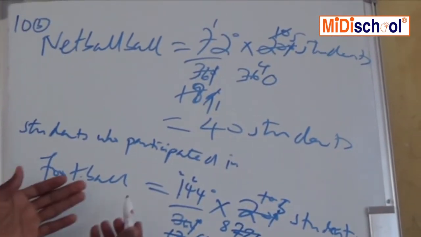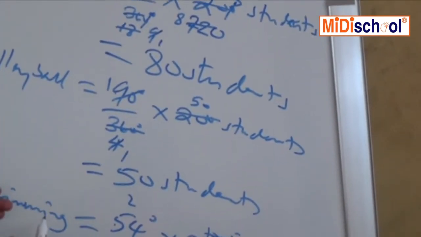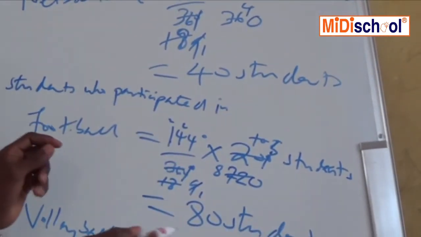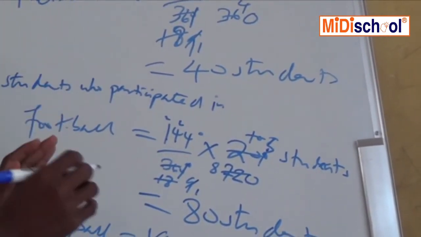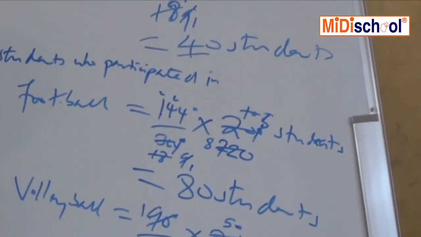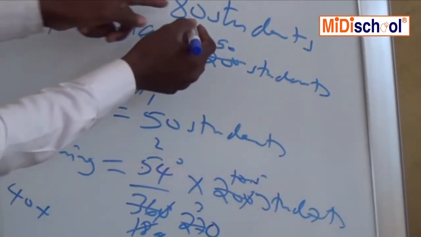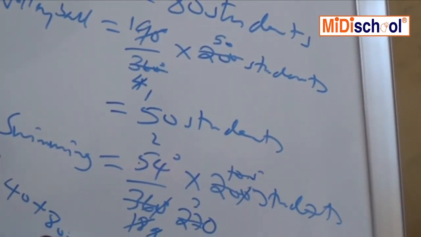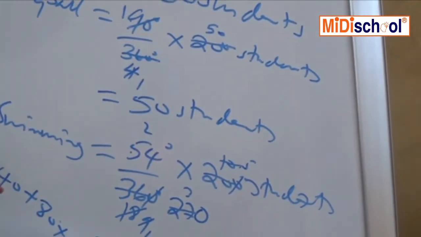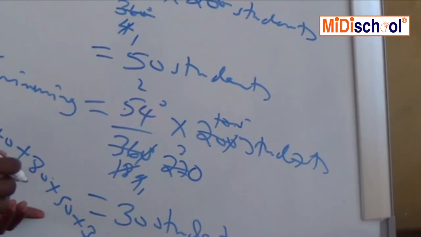So we have for football 80 students, for volleyball 50 students, for swimming 30 students, and for netball 40 students. Now, if we want to know if our answer is correct, I'm going to add 40 with 80, with 50, and with 30, and see if this is going to give us 200.